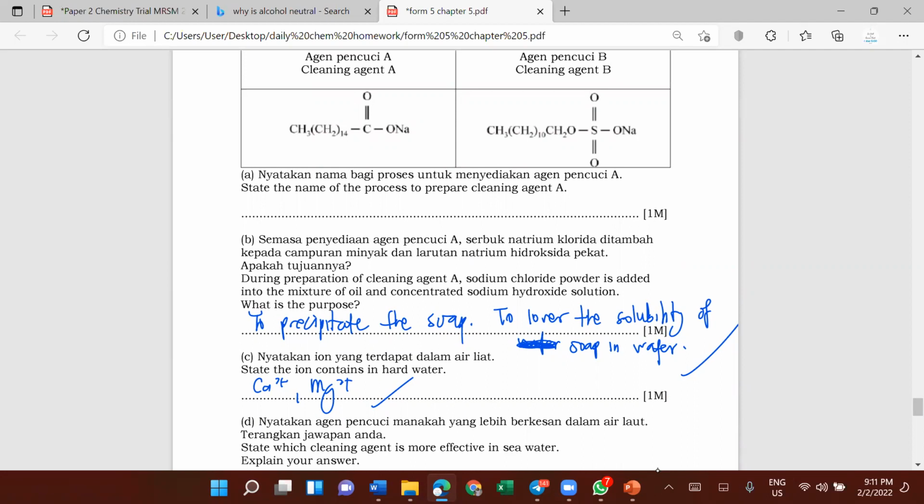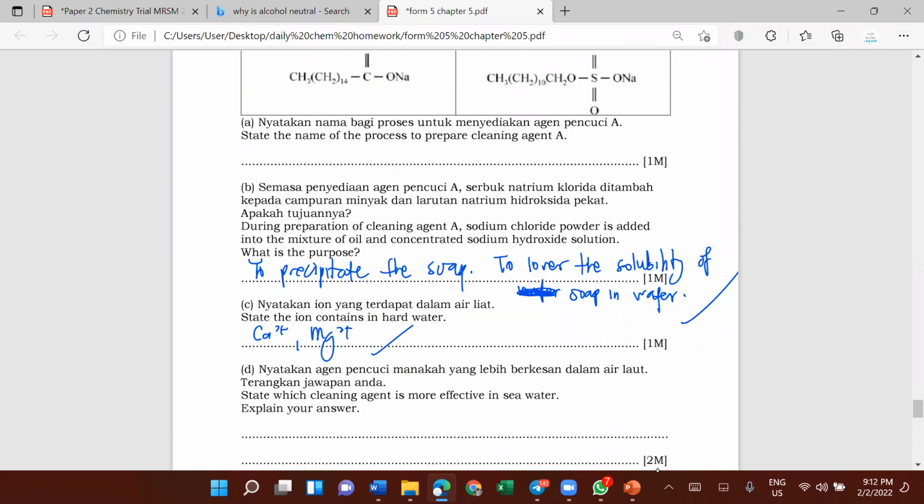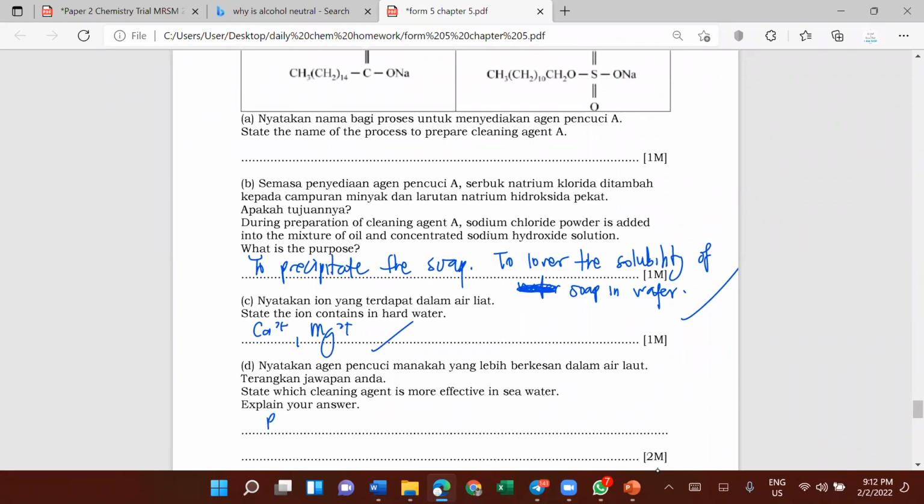Someone whose voice I did not hear for a long time. Okay, doesn't matter. Just answer. If not, I won't end this class. Okay, so which cleaning agent is more effective? B, Taran. Thank you, Taran. Go ahead. Tell me why is it B?